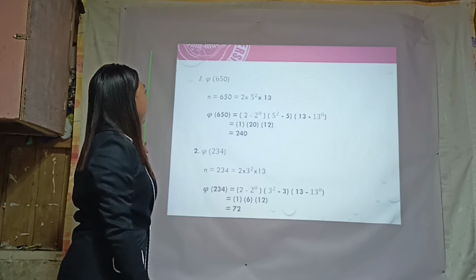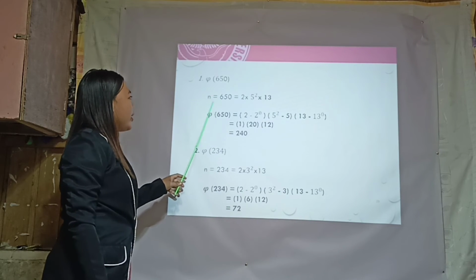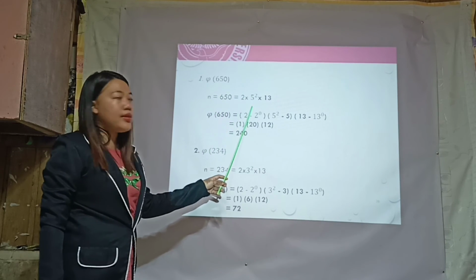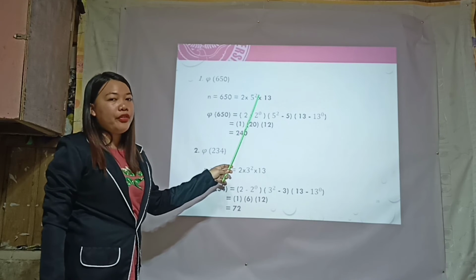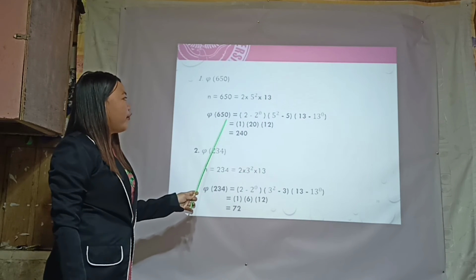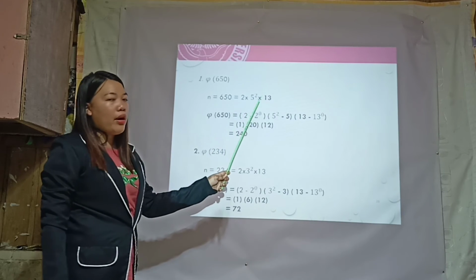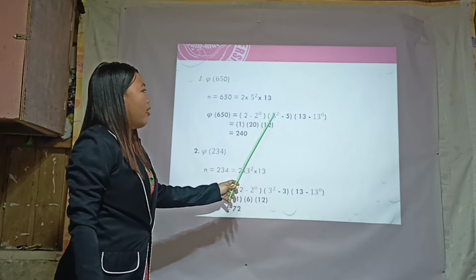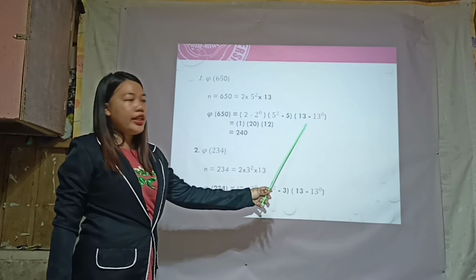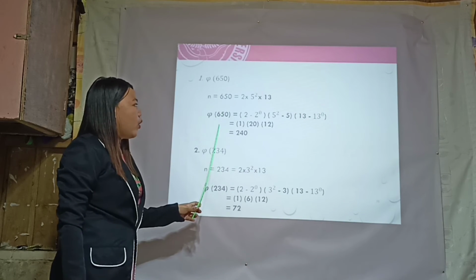Okay, number 1, φ(650). So n is equal to 650, which is 2 times 5² times 13. So φ(650) is equal to (2 minus 2⁰) times (5² minus 5) times (13 minus 13⁰).